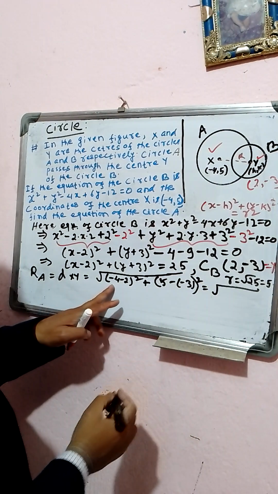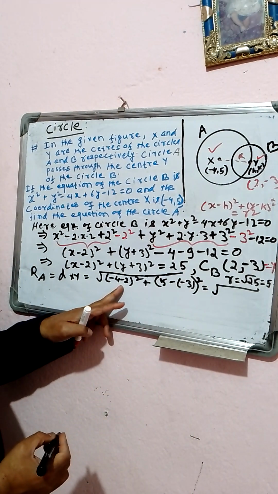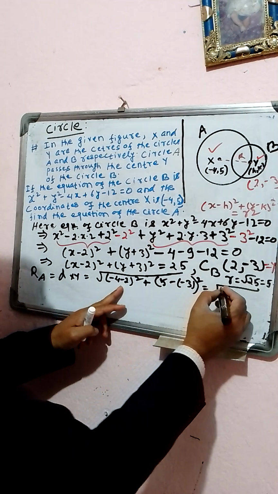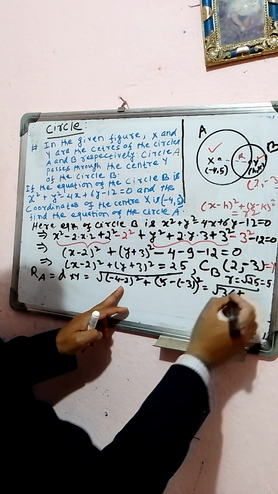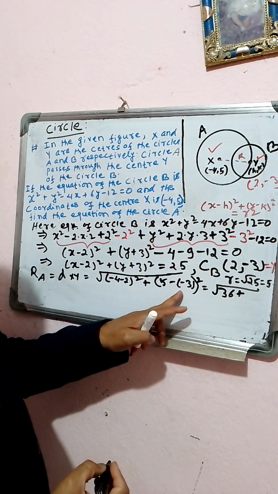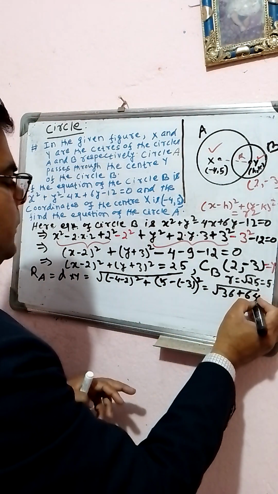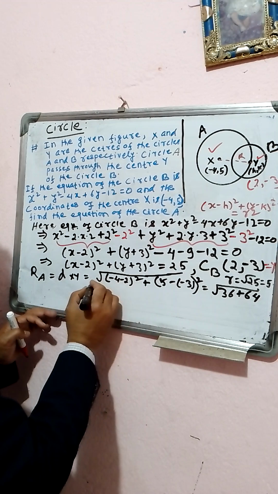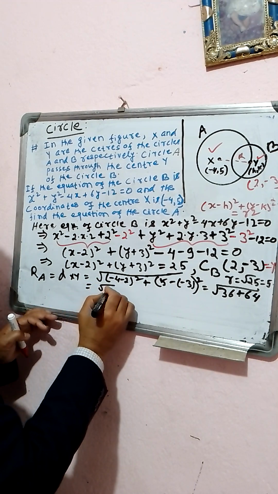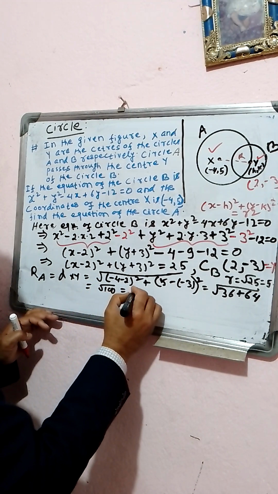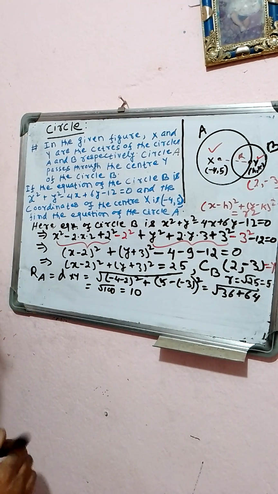Negative 4 and negative 2 is negative 6, square is 36, and here 5 plus 3 is 8, 8 square is 64, under the root this is 100, and hence the square root of 100 is 10.